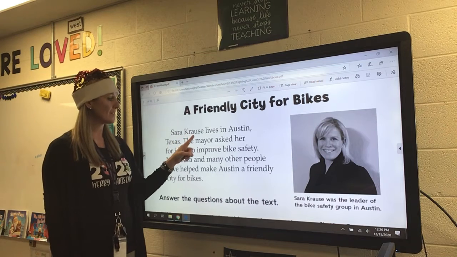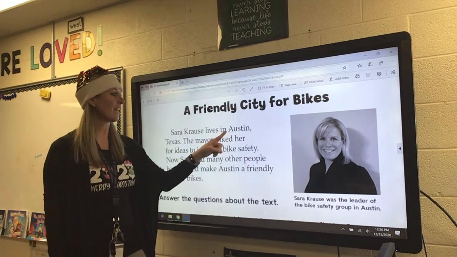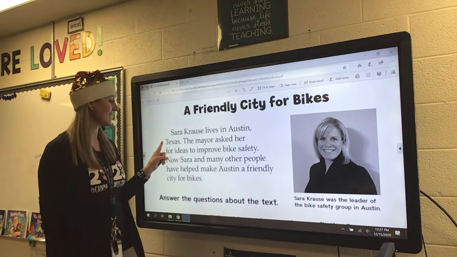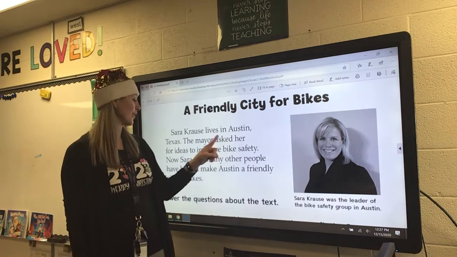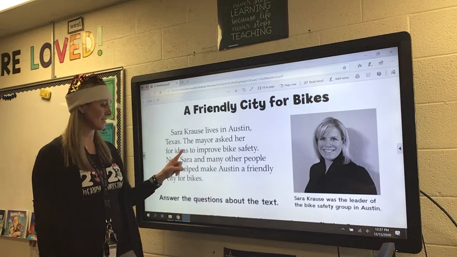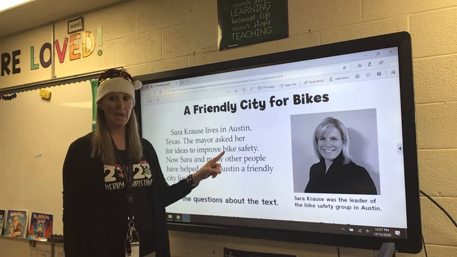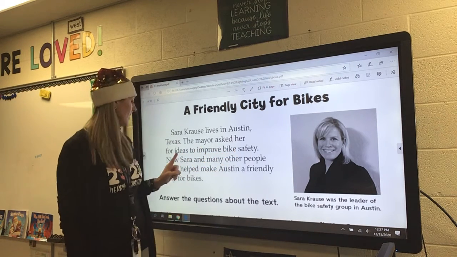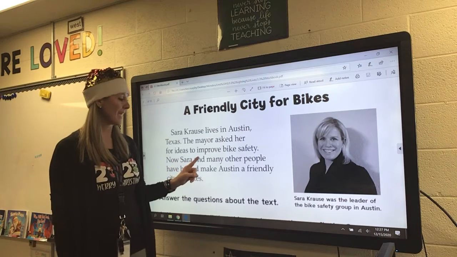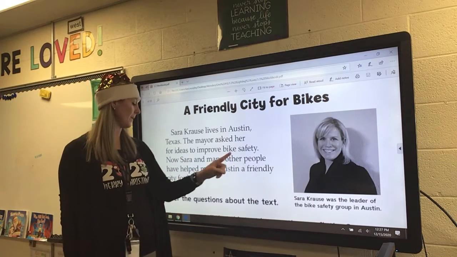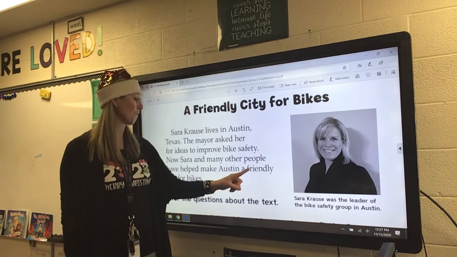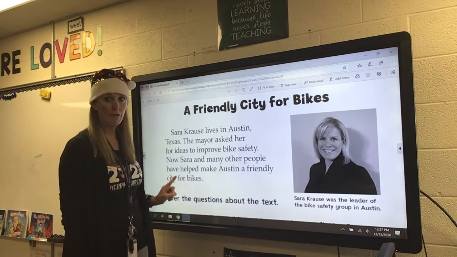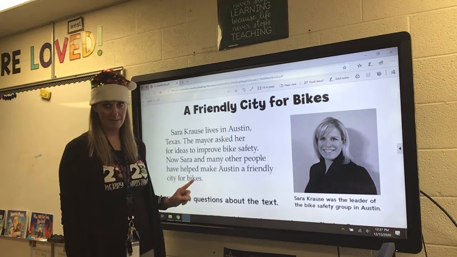Sarah Kraus lives in Austin, Texas. The mayor asked her for ideas to improve bike safety. Now Sarah and many other people have helped make Austin a friendly city for bikes.